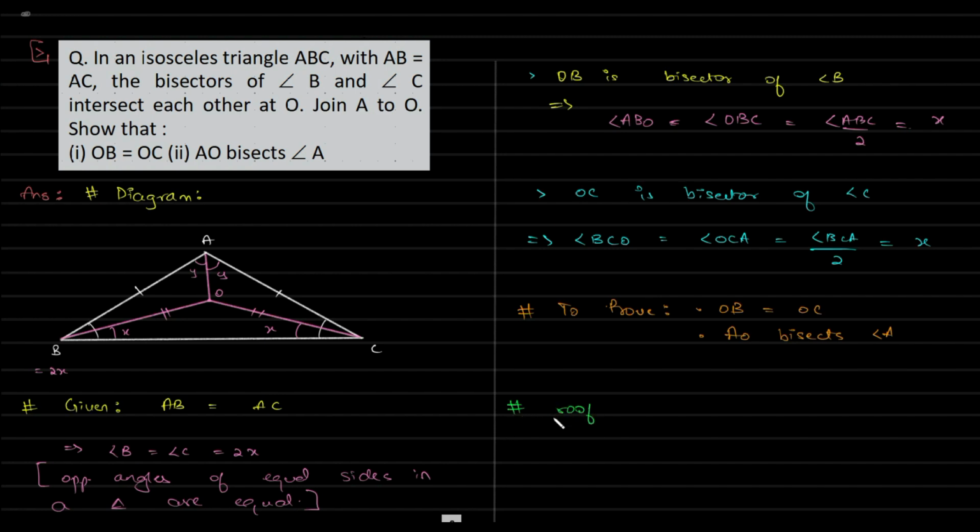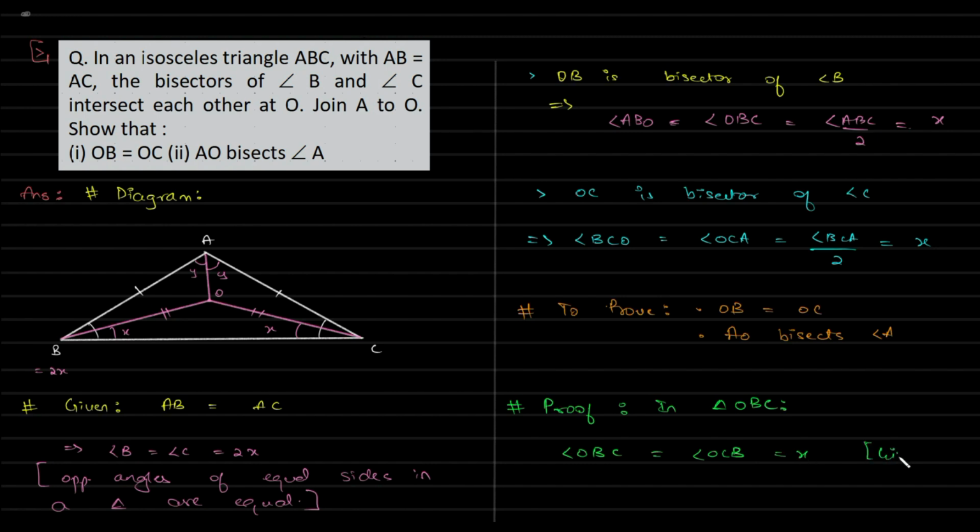So how do you go about proving it? We just happen to get angle OBC being equal to angle OCB. How? From this, is it not? So in triangle OBC, we have angle OBC equal to angle OCB, which is equal to x.